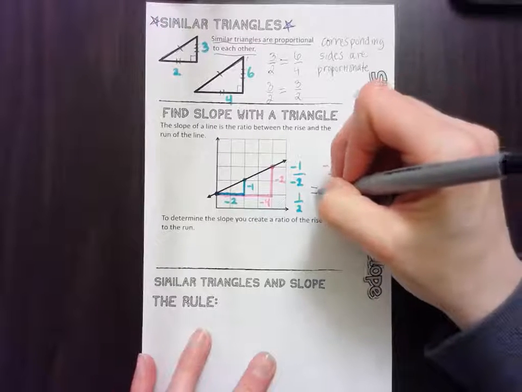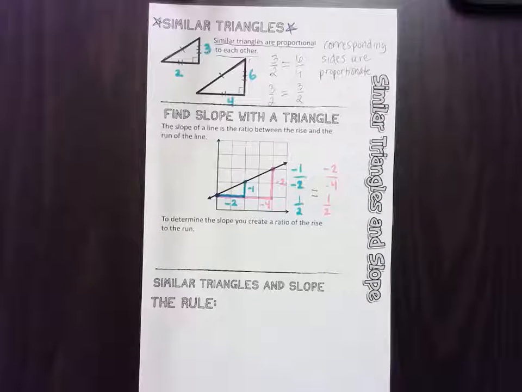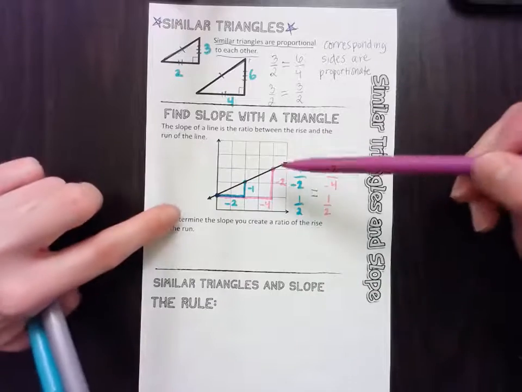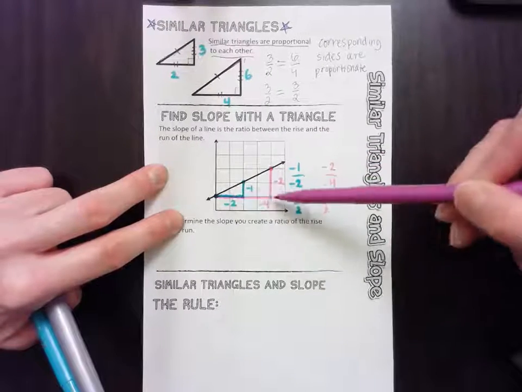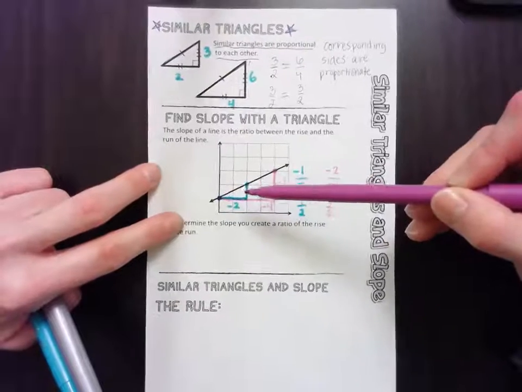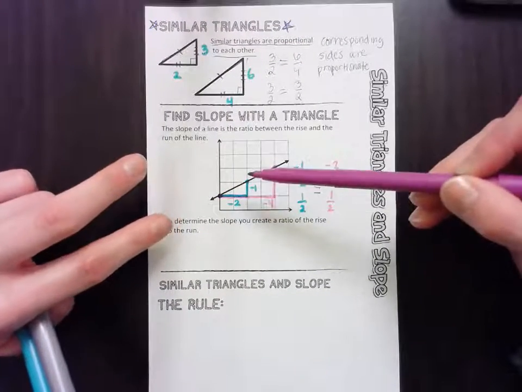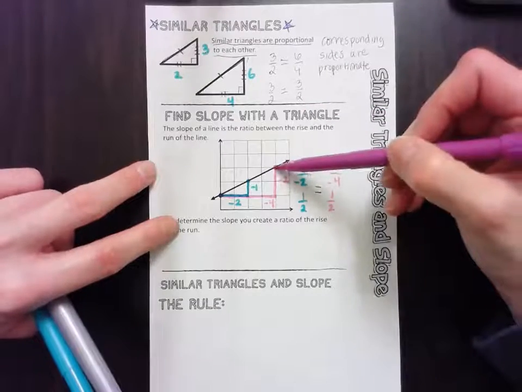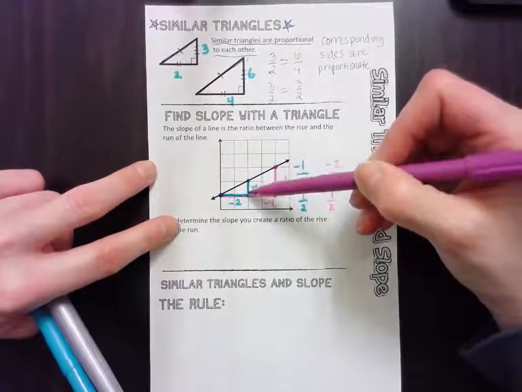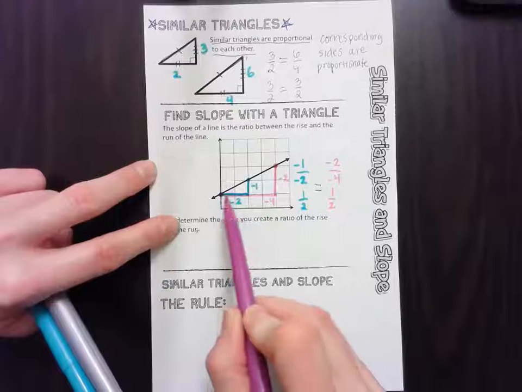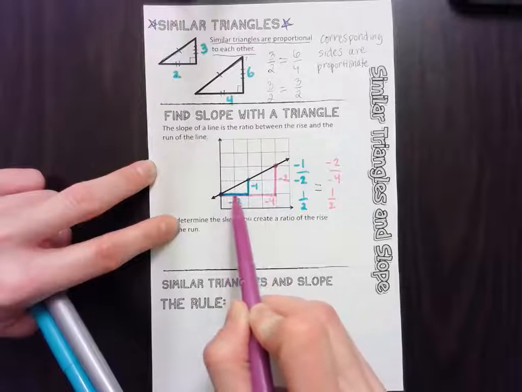And we know these equal each other. So what's happening here is my corresponding sides are proportional. This side is proportional to this side. This long side is proportional to this short side.